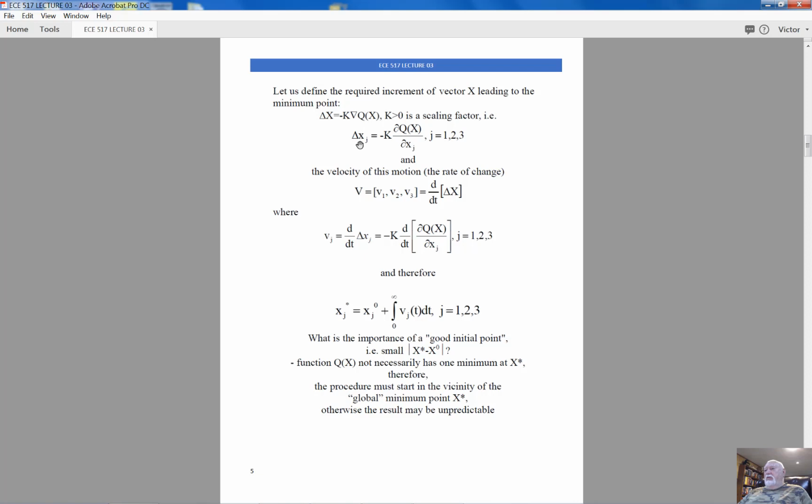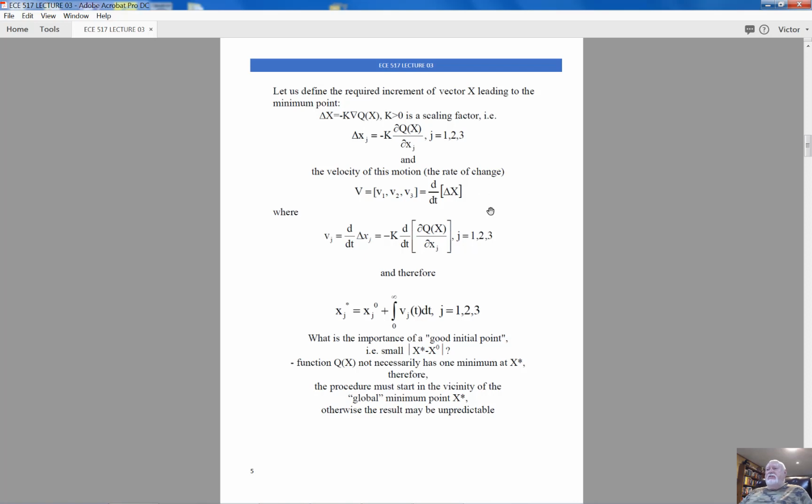Now, practically what we will do, we will have an increment for every component of the state vector x. It would be delta xj, defined as minus constant times the derivative of the criterion with respect to xj, or delta x1 would have the derivative of the criterion with respect to x1, delta x2 will have the derivative of the criterion with respect to x2, and so on.